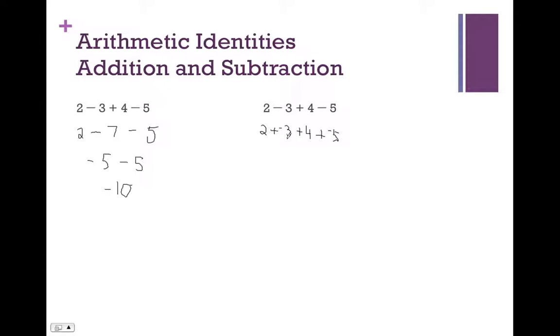Alright, now we can perform the calculations in any order we like and we'll get the correct answer. Let's do the outside numbers. 2 minus 5 gives us negative 3.